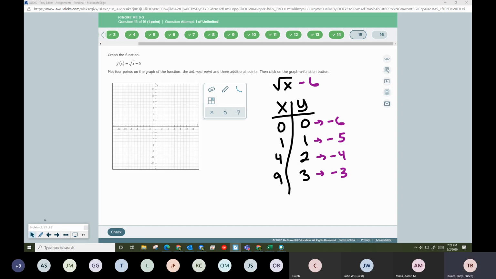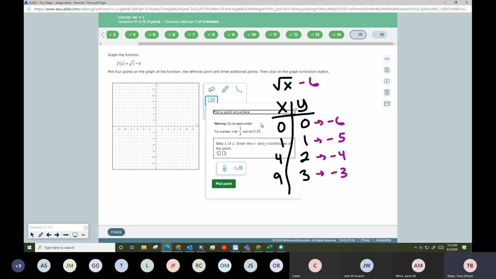So when I graph my points, I'm going to graph 0, negative 6. 1, negative 5, because those are the answers that I want. 4, negative 4. 9, negative 3.